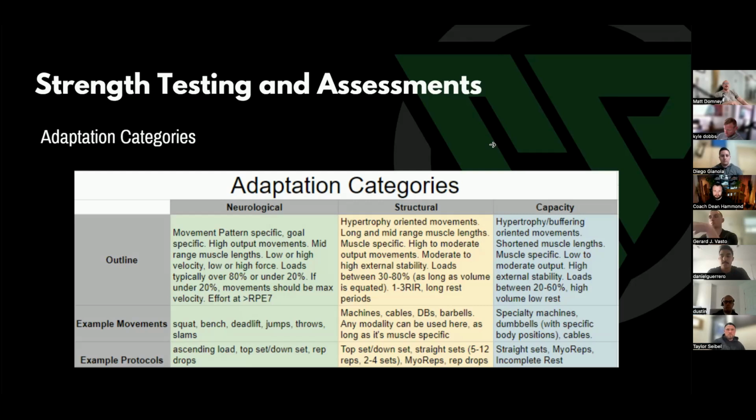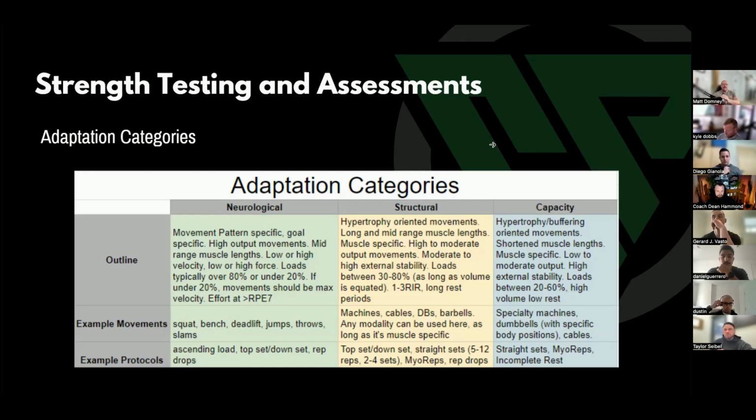Muscle cross-sectional area does impact those, but not to the same degree as motor neuron recruitment and motor neuron efficiency, right? This is where that intermuscular coordination we were talking about last week really plays a big role. So neurological stuff is all of that: max strength, throwing, jumping, slams. Those are all things I would consider to be a neurological adaptation.